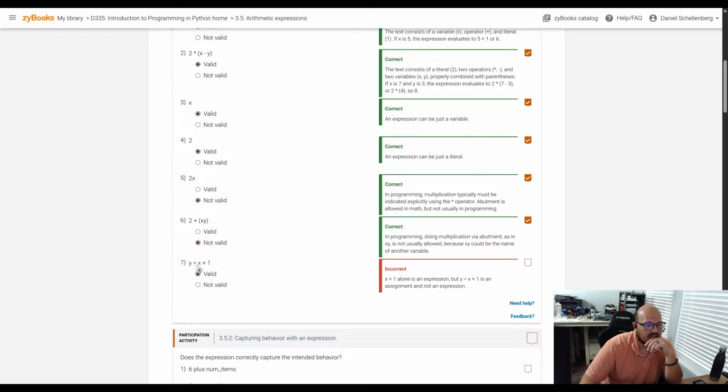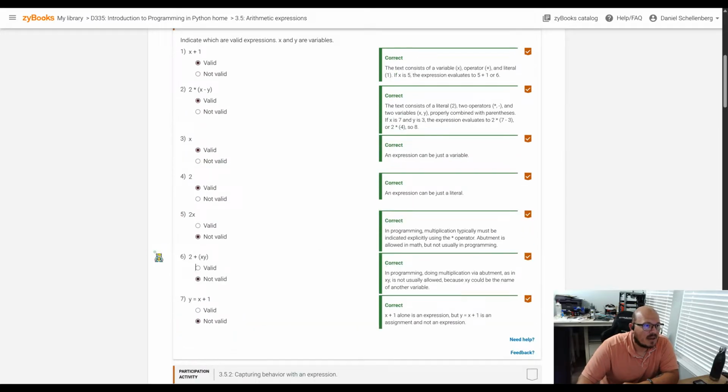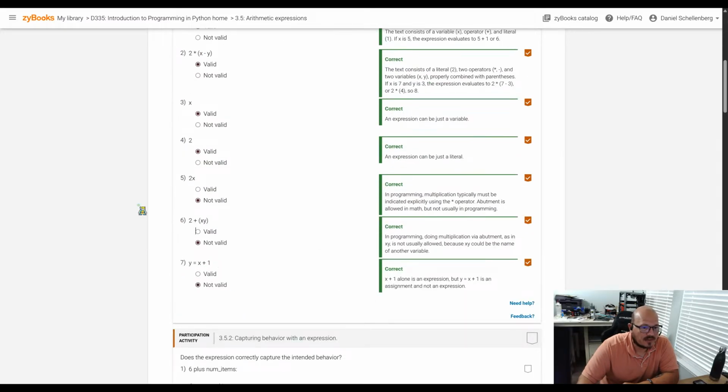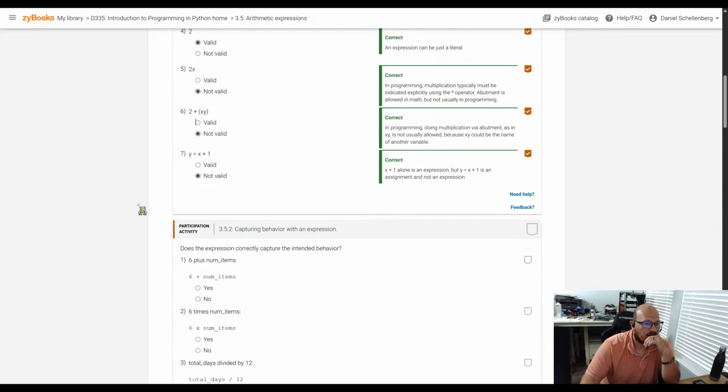Oh no, because it's being assigned. So x plus 1 alone is an expression, but y equals x plus 1 is an assignment, not an expression. If the y equals were gone, then it would be an expression. I should have known that. I don't know why I clicked valid.